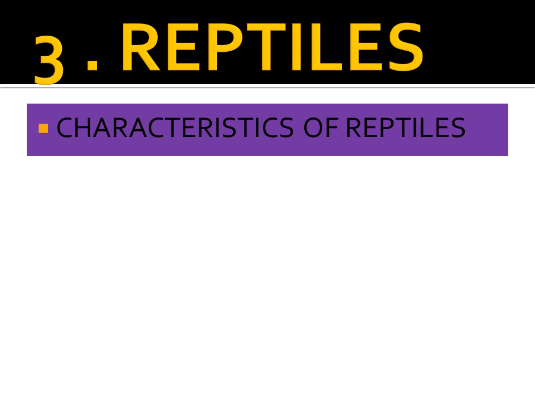If it is on a green background, it will change to look as if it is green, so that whenever the predator or the enemy comes across, it is unable to spot the chameleon. Such behavior of changing color is called camouflaging. Camouflaging is that ability or tendency of a chameleon to change its color.